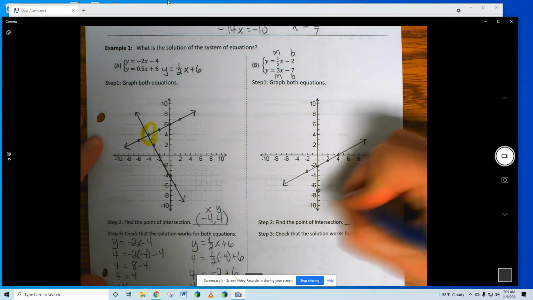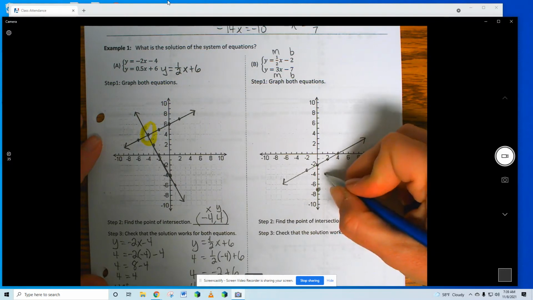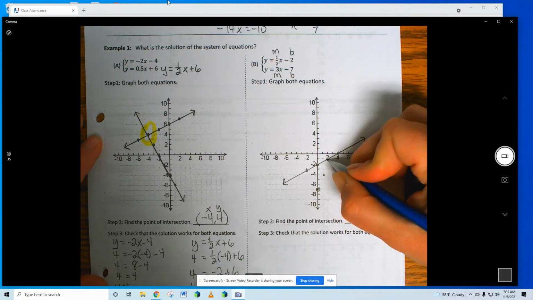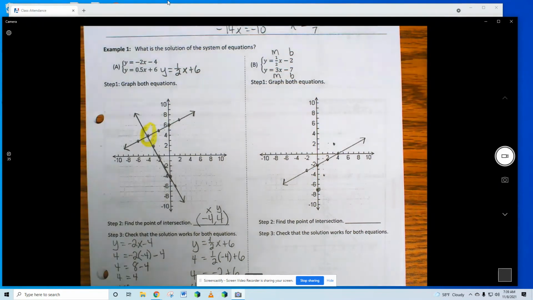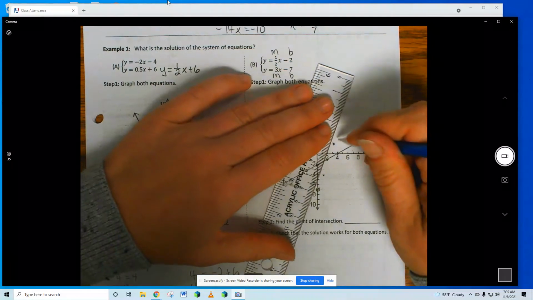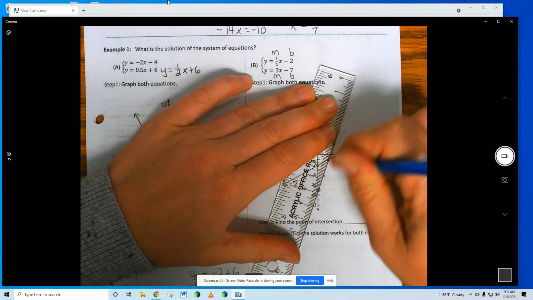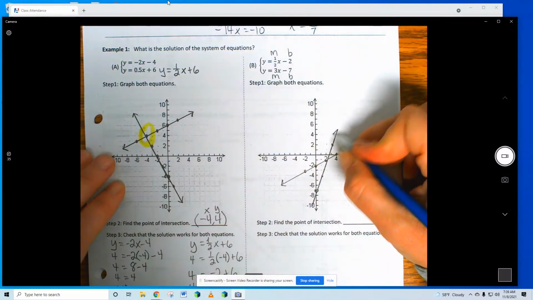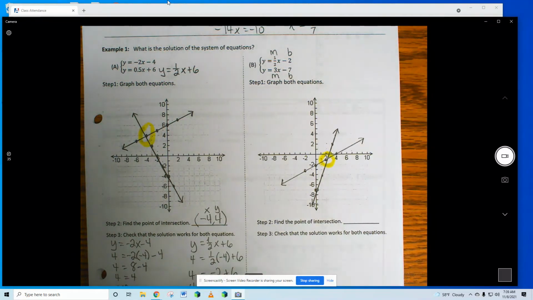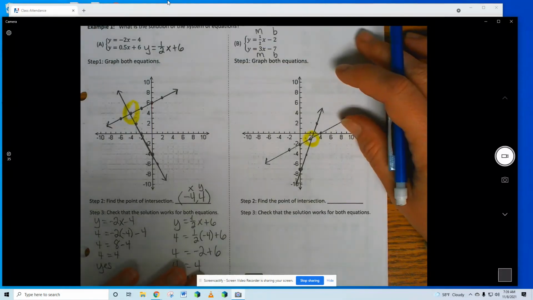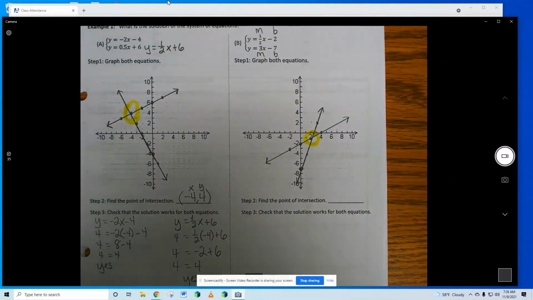Next one, begin at negative 7, rise 3, run 1. Ooh, that's where it hits. Find the point of intersection. Am I going too fast?